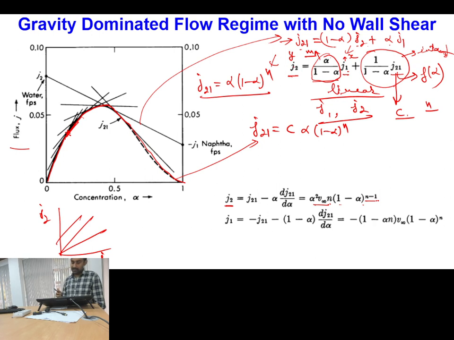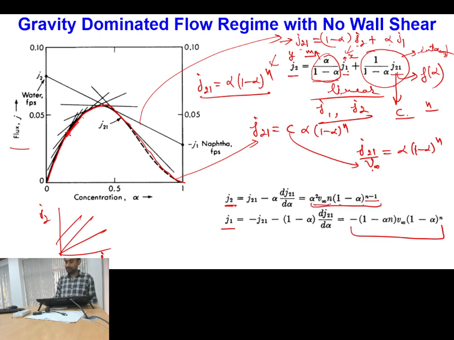Basically what you have done over here, you have written J21 by V infinity as alpha into 1 minus alpha to the power n. So consider V infinity as nothing but equal to C. If you calculate the slope of these two lines and equate the two slopes, you will be able to get the values of J2 and J1 using these two relations. Fine.